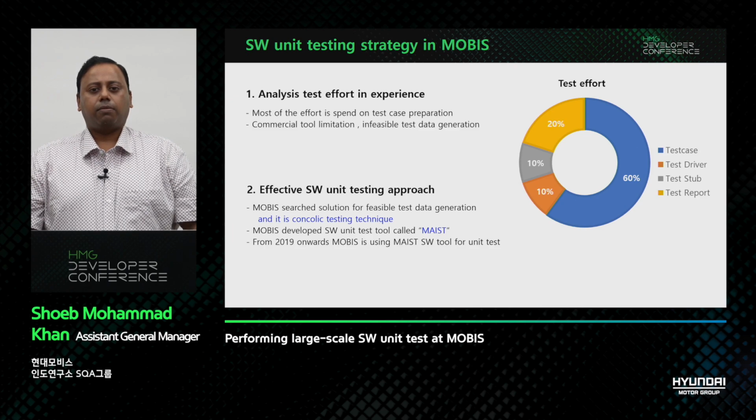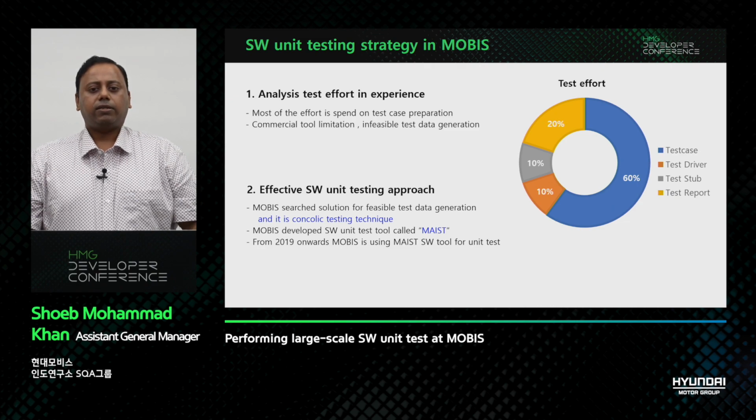As a result, MOBIS has developed its own software unit test tool named MOBIS AI Software Testing. Since 2019 onwards, MOBIS has been utilizing MIST to efficiently manage and execute large-scale source code unit tests.